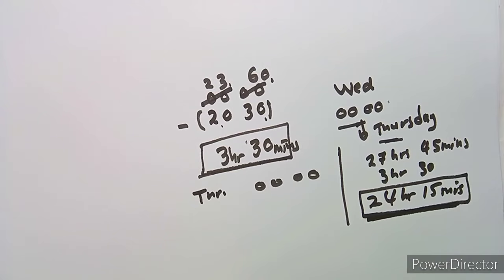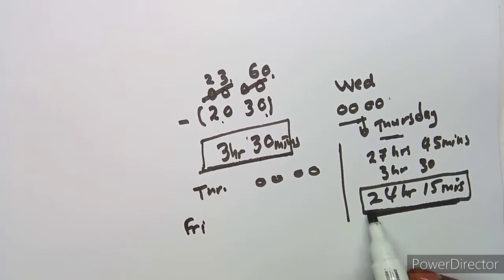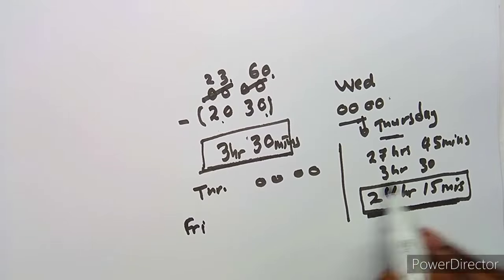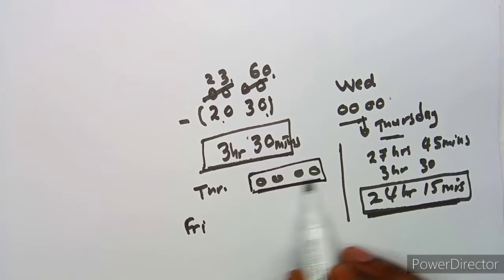Because 24 hours is a day which is complete. So on Thursday, if we add these 24 hours, we are now in Friday. Because we have to cover 24 hours, which is a full day from this time, because we started at 12:00 to travel.